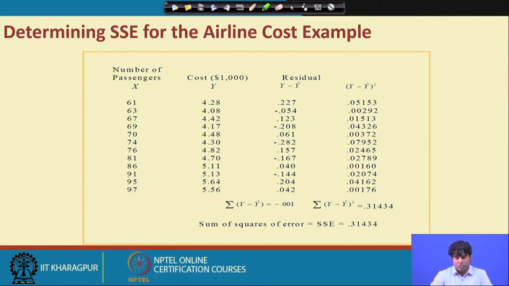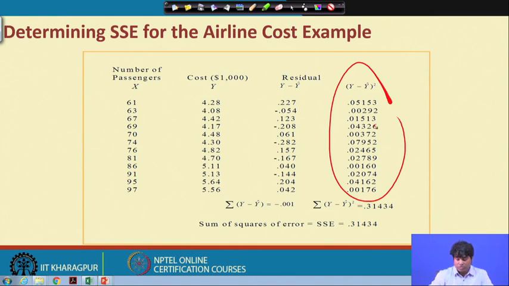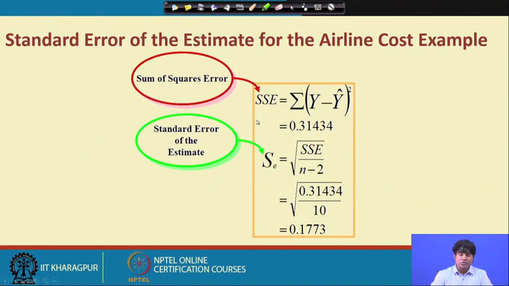and after getting the residuals you can find the square of the residuals, and that is the sum of the squares of the errors. So the last column is the indication of the sum of the squares of the error, and this will give you some kind of structure to obtain the standard error of alpha hat and beta hat.